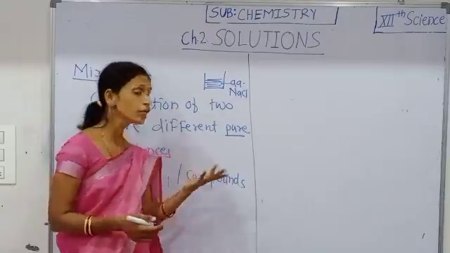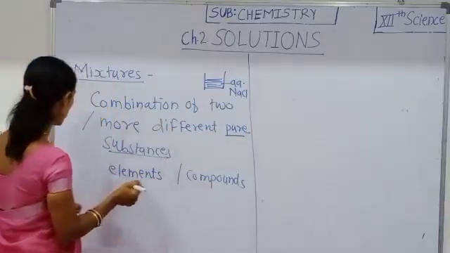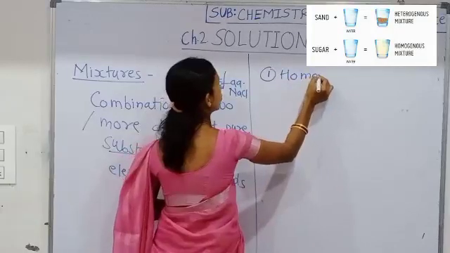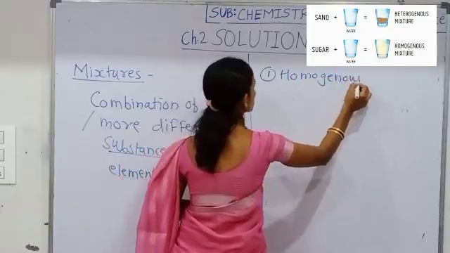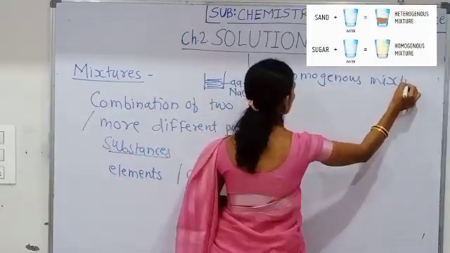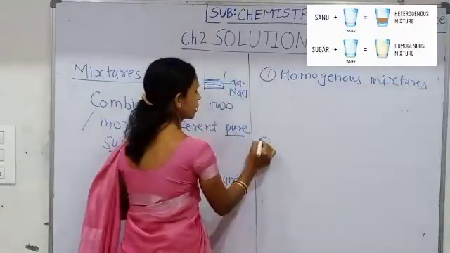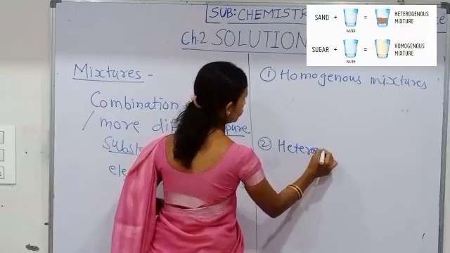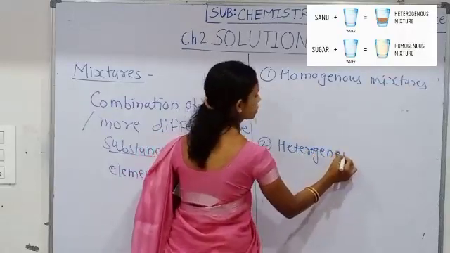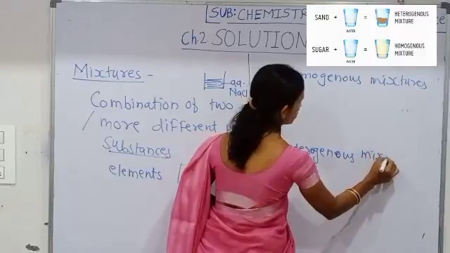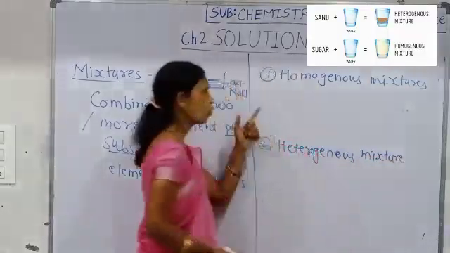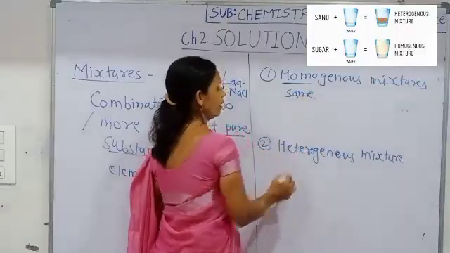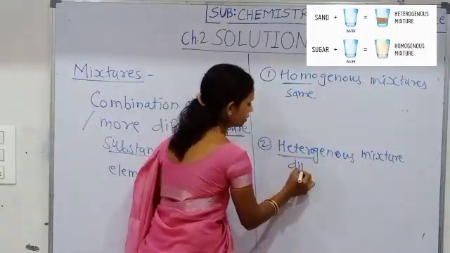Mixtures are also of different types: the first is the homogeneous mixture, and the second is the heterogeneous mixture. Homo means same and hetero means different.